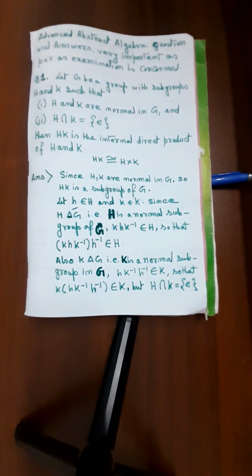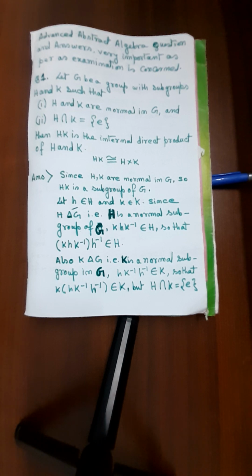So as H is a normal subgroup of G, what does that mean? That means if we have the element k h k inverse, it will belong to H. Why?